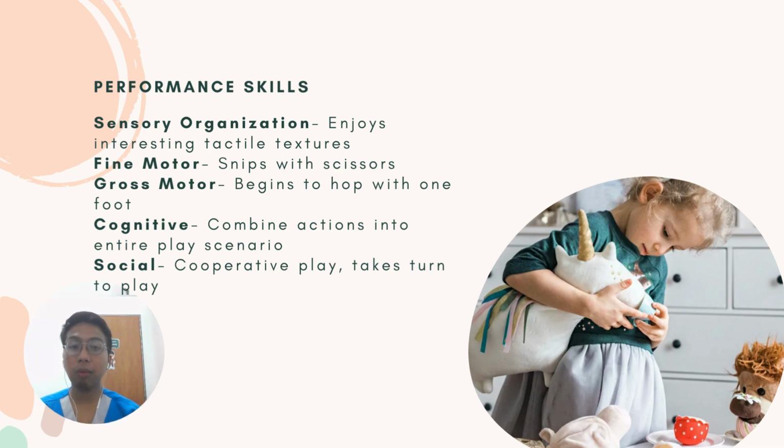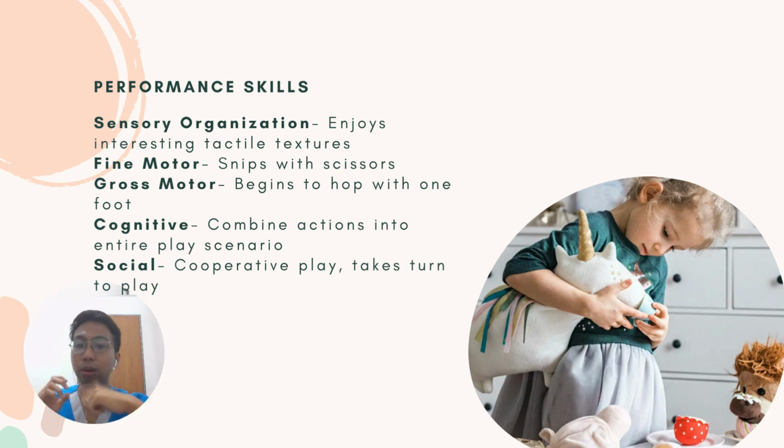And then for cognitive, we can see they combine actions into an entire play scenario. For example, at first the doll wakes up, and then afterwards the doll walks to the bathroom to wash face and all that, and gets ready to go to school. That's combining actions into an entire play scenario. We can see, for example, in the picture, the kid is feeding the toy with drinking.